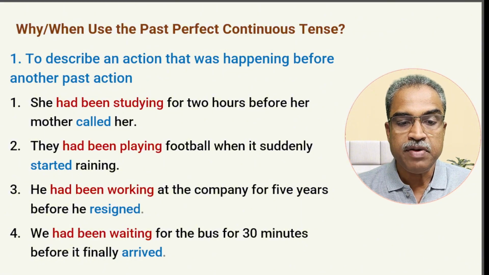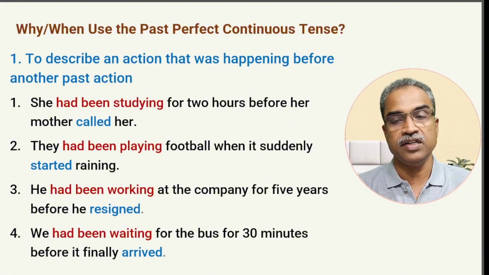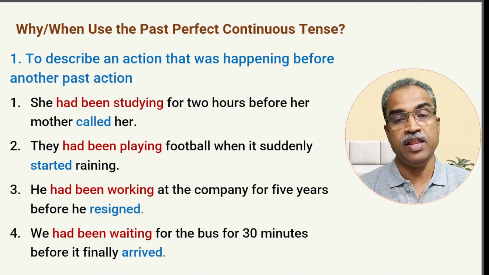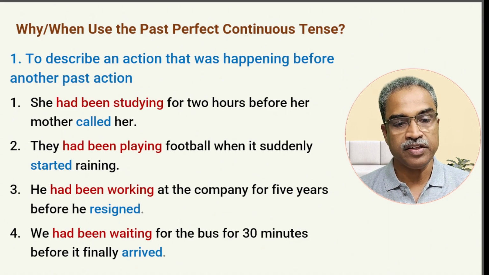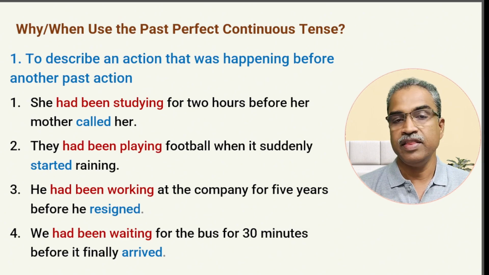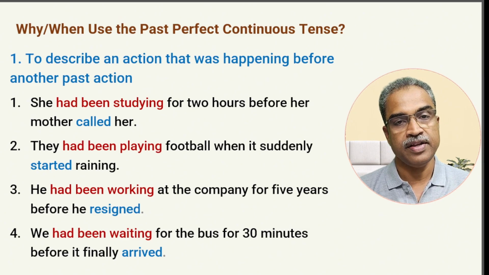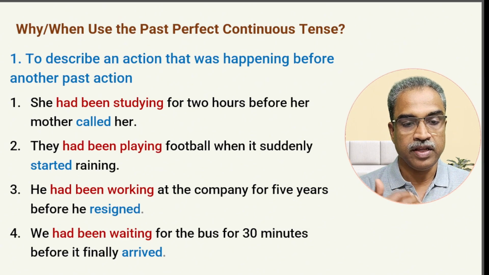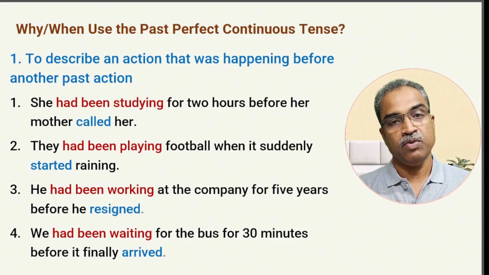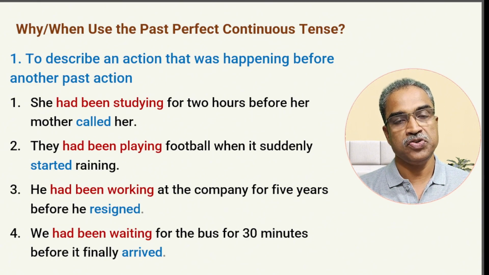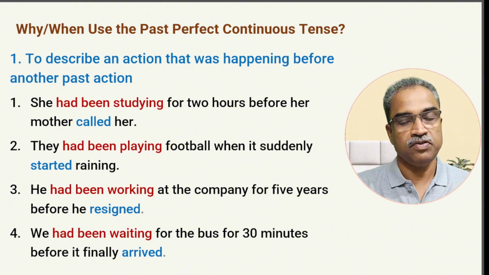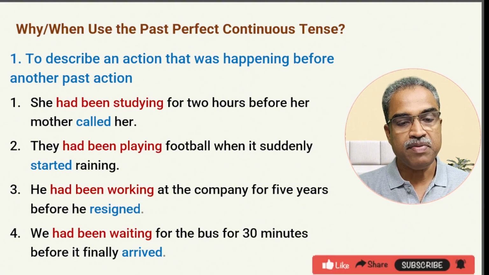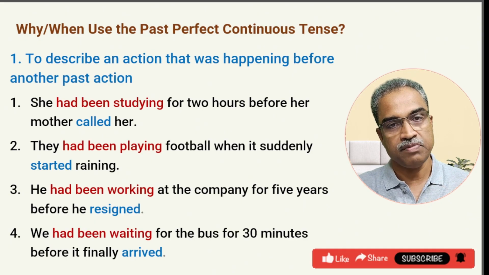Next, they had been playing football when it suddenly started raining. Two things are happening in the past. What are the two things? One, they were playing. The other, the rain started falling. Whoever they may be, the children, the students, the members of the team, they had been playing for some time.